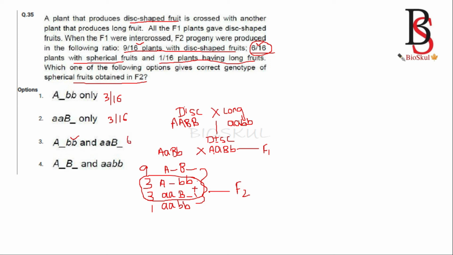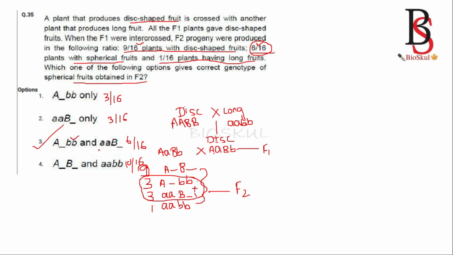That is 6 of 16. And A dash B dash is 9 and aabb is 1, so this one is 10 of the 16. So the correct genotype of the spherical fruit obtained in F2 is option 3, that is A dash BB and AAB dash.